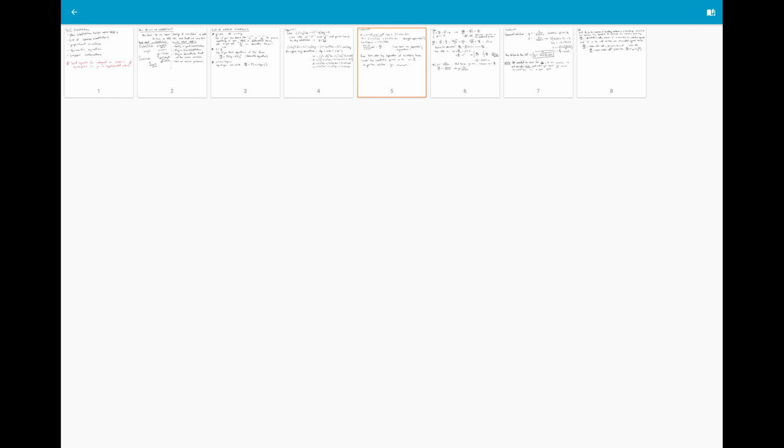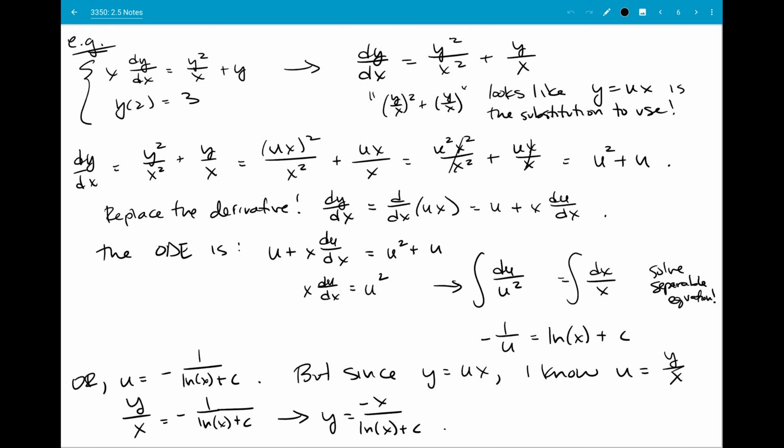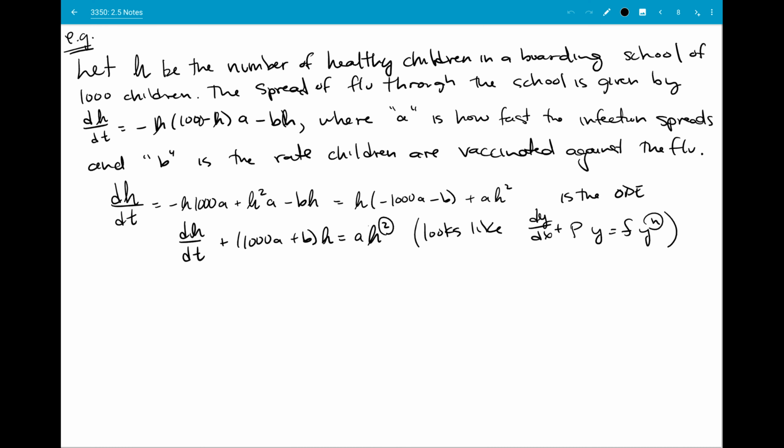And when we introduce the substitution, that n value for the substitution comes from the n value in your Bernoulli's equation. So now that we've manipulated this differential equation, the way it was written for the word problem form, to look like this Bernoulli form, we know that we can use the substitution.